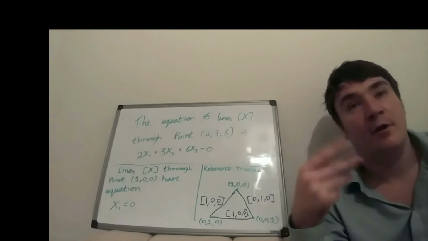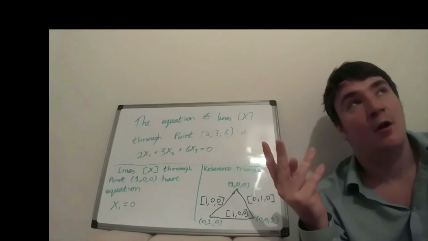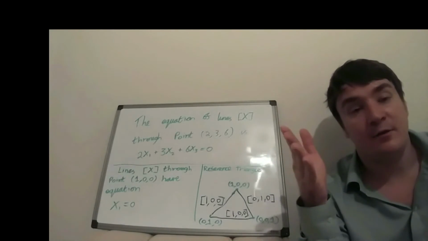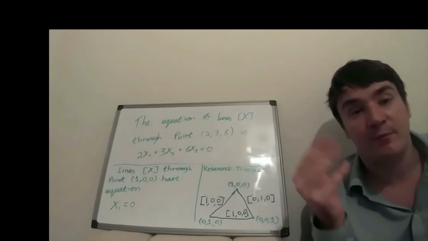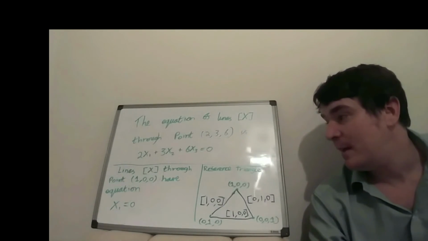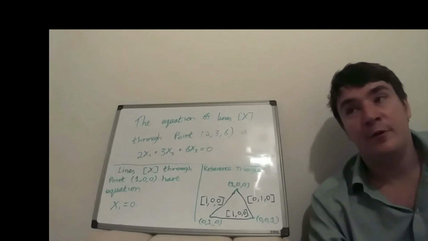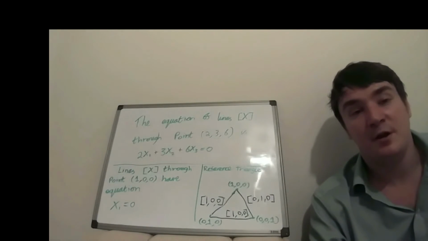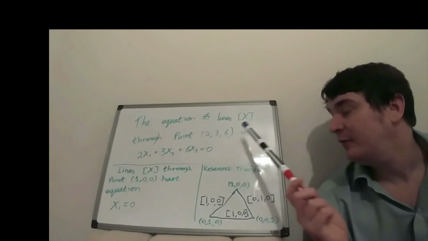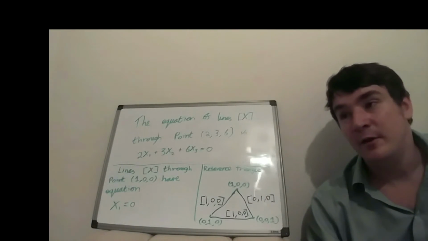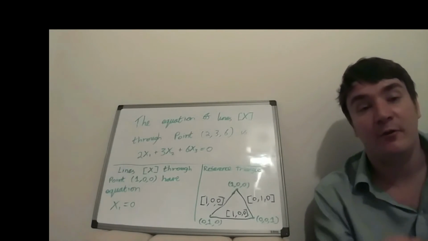The dual statement of that would be that 3 lines are concurrent. That means 3 lines go through the same point. And you can see that basically you can get this dual expression by getting the algebra and replacing the little x's with big x's and the round brackets with square brackets and so on.